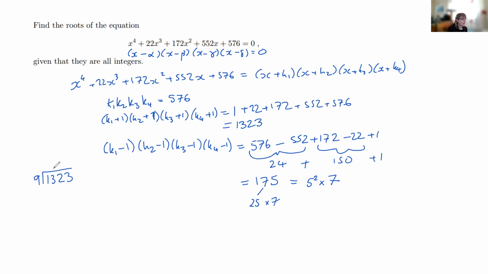So let's just divide that. 9s into 42 go 4, remainder 6. 9s into 67, 63 goes 7. So it's the same as 9 times 147. That's 3 squared, and 147 is the same as 3 times 49. So that's equal to 3 cubed times 7 squared.